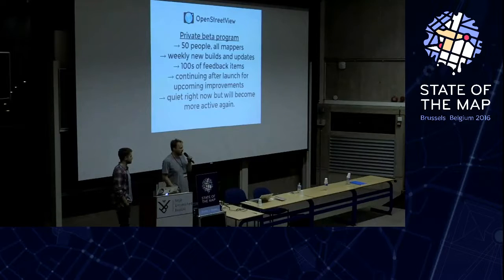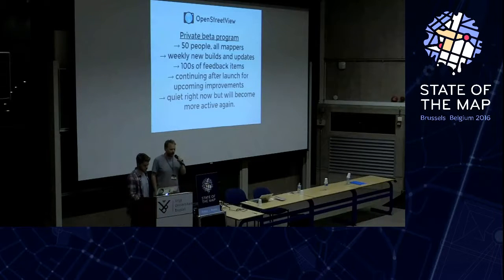We had about 50 people from the OSM community. Because it wasn't public yet, I just reached out to folks that I knew, or folks that I knew would be interested based on knowing people in the OSM community. If you weren't part of that yet, it's not too late.